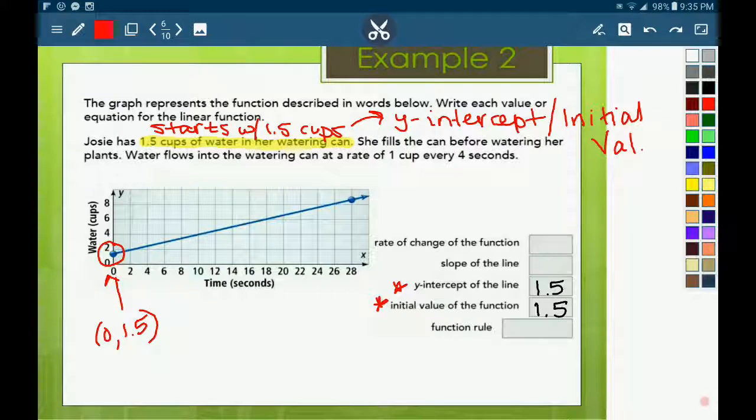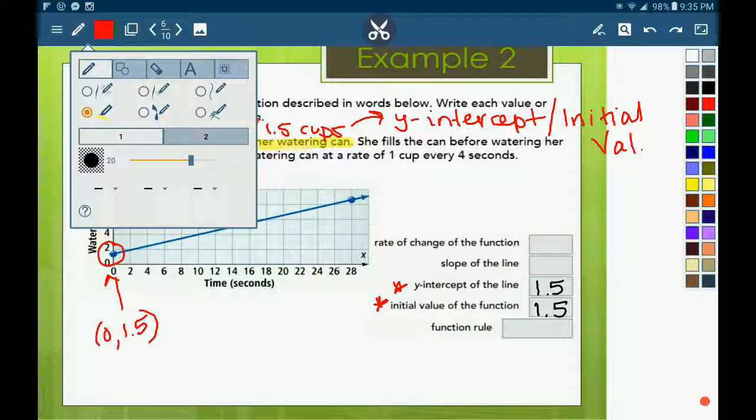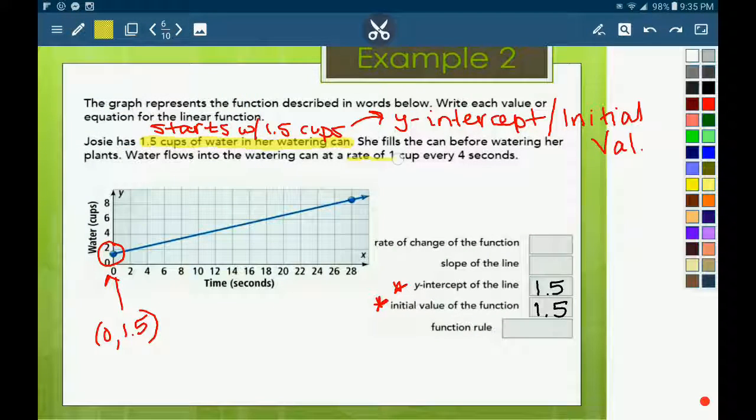So it says, she fills the can before watering her plants. Her water flows into the watering can at a rate of 1 cup every 4 seconds. Rate of 1 cup every 4 seconds. That is our slope. It specifically says rate. If it says rate, that's your rate of change.